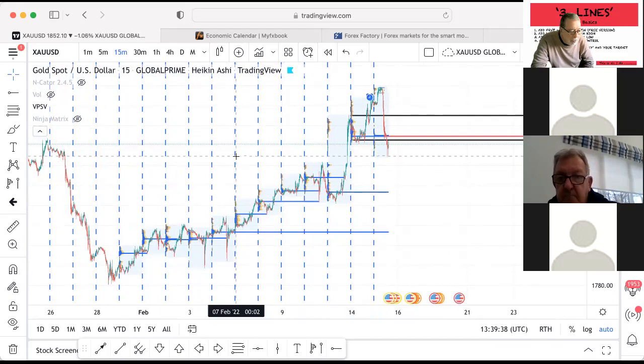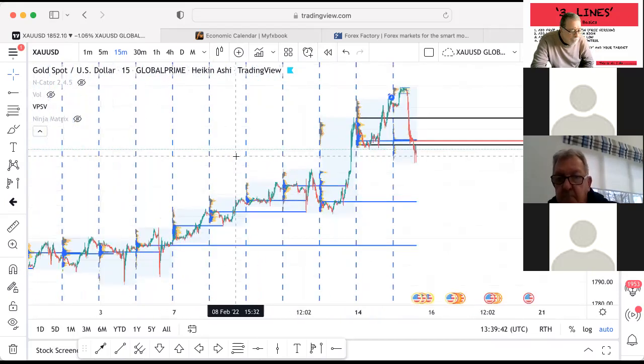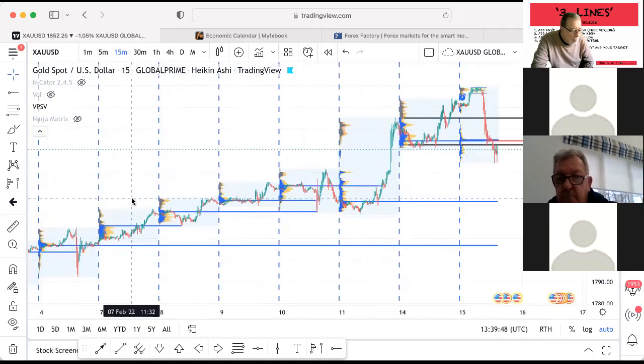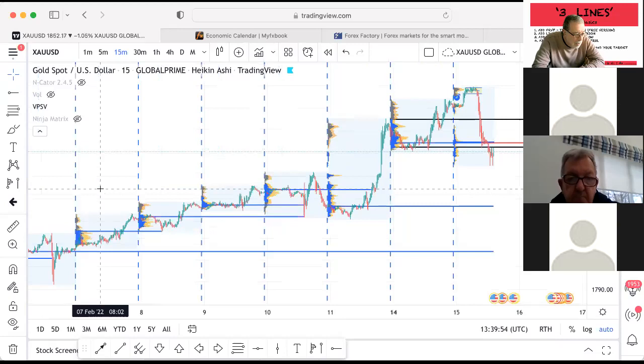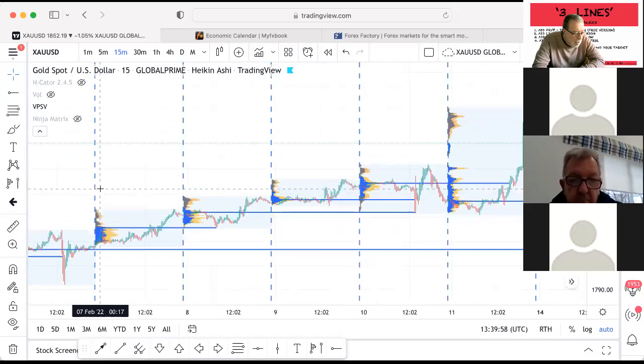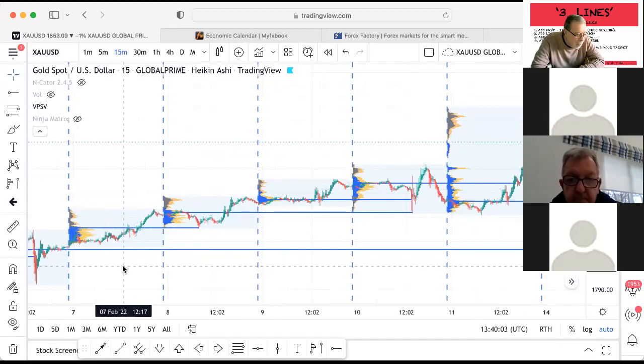So if we just look at Monday the 7th onwards, starting here, I'll zoom in on that. It was interesting, and it was also quite profitable for some of us.